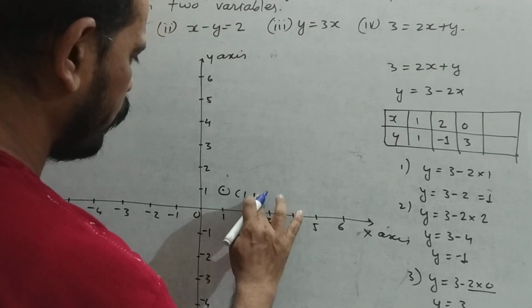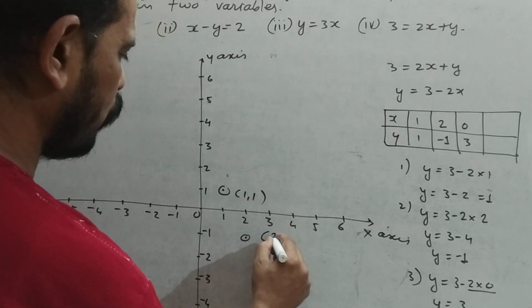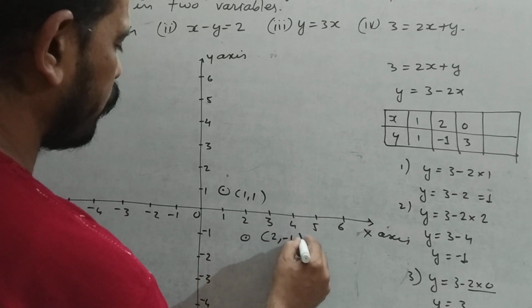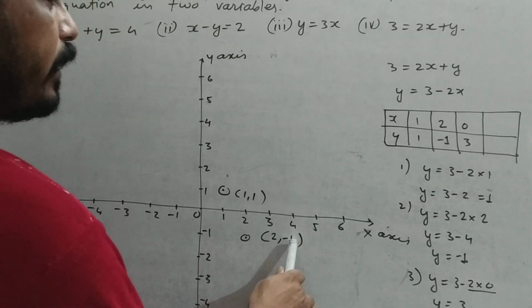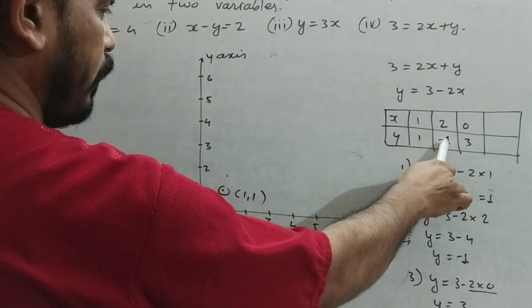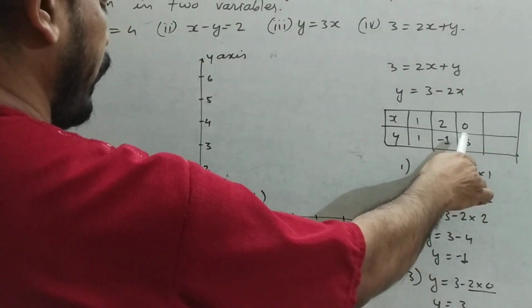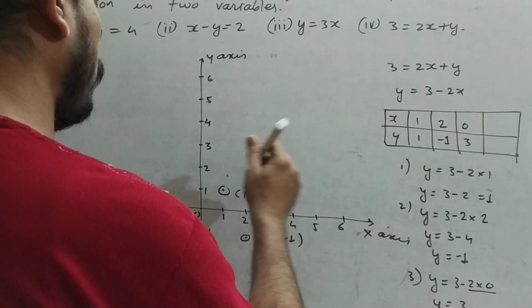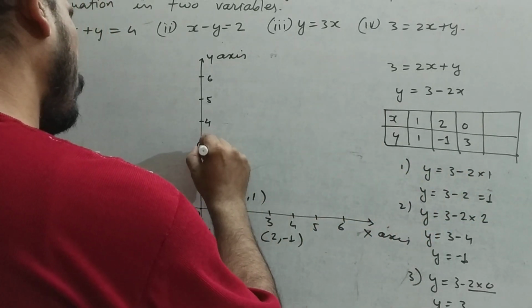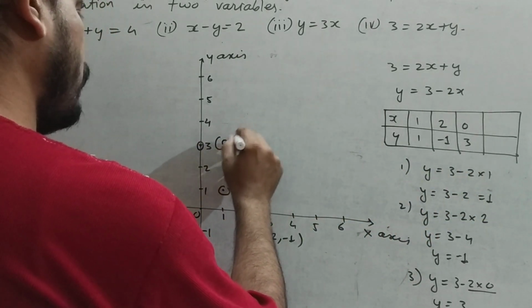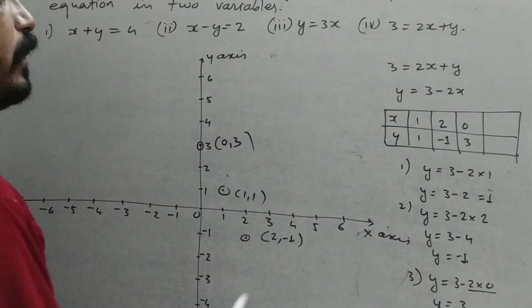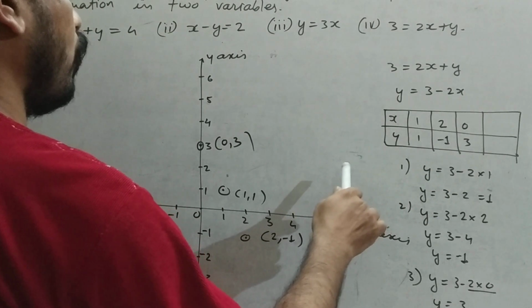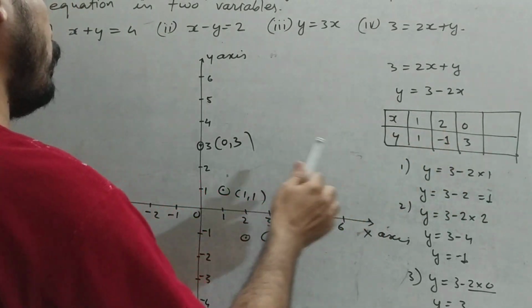Always we take the x coordinate, the abscissa, first, and then the ordinate, y. Then x = 0, y = 3, the point (0, 3). If the abscissa is 0, it will lie on the y-axis. If the ordinate is 0, then it will lie on the x-axis.